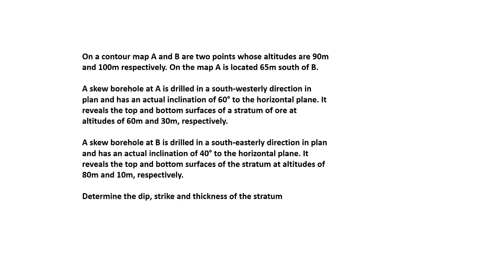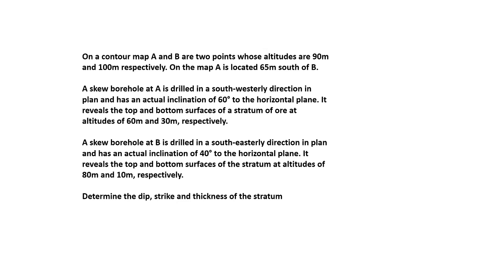On a contour map, A and B are 2 points whose altitudes are 90 meters and 100 meters respectively. On the map, A is located 65 meters south of B. A skew borehole at A is drilled in a southwesterly direction in plan and has an actual inclination of 60 degrees to the horizontal plane.